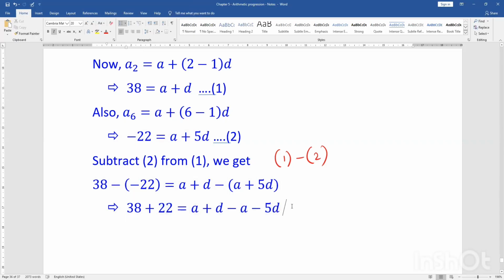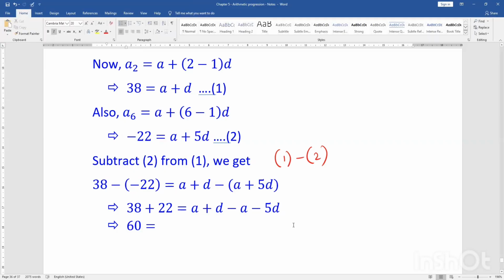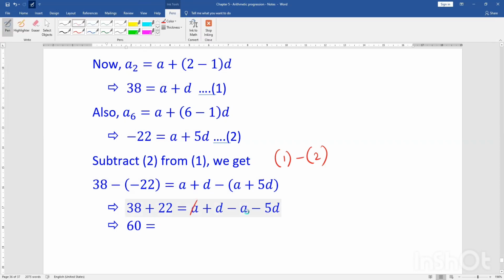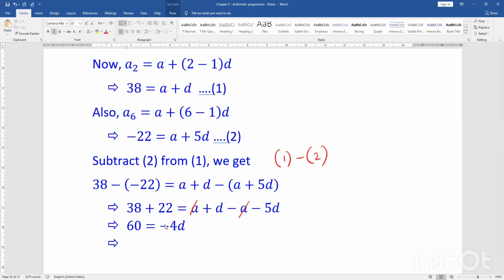And then in the next step, 38 plus 22. What is 38 plus 22? It will give you 60. So 60 equals, here A and A get cancelled. And D minus 5D will give you how much? It is minus 4D. Right, children? So you're going to get it as minus 4D.